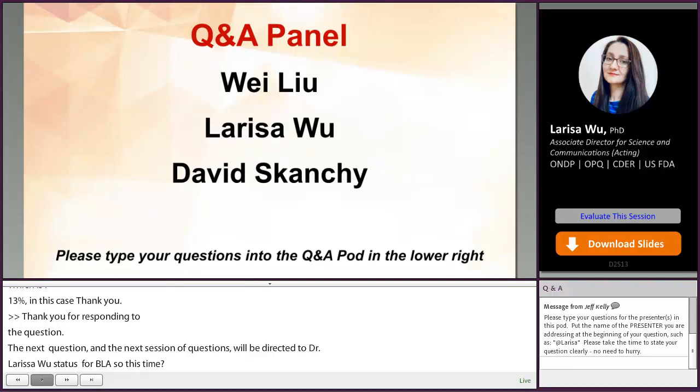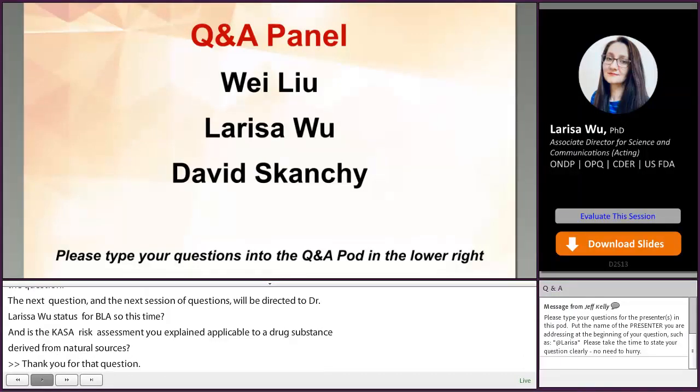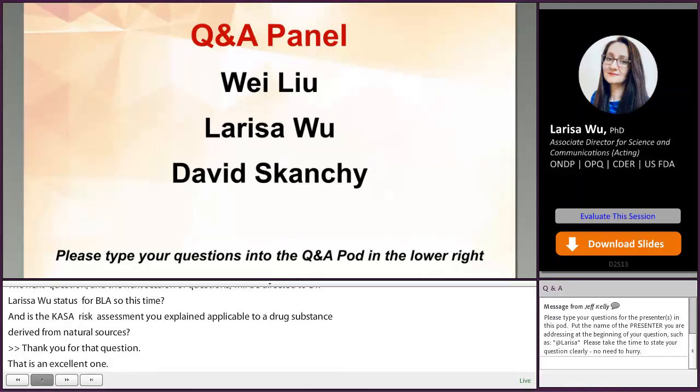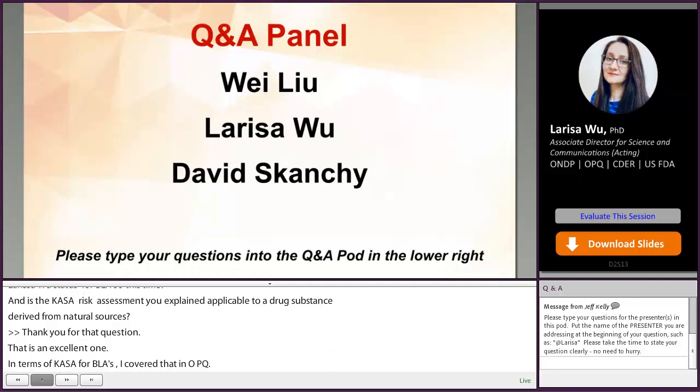That is an excellent question. In terms of the status of KASA for BLAs, in OPQ we have already established a working group that is working to design algorithms for BLAs, capturing the thought process used for assessment of BLAs, starting with the manufacturing process and the unit operations in those manufacturing processes.